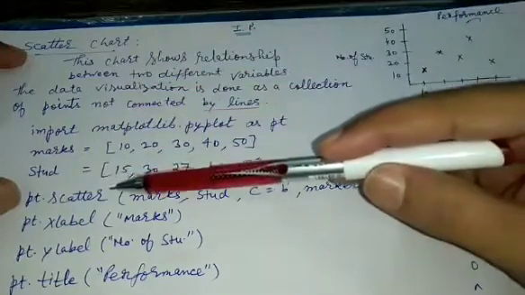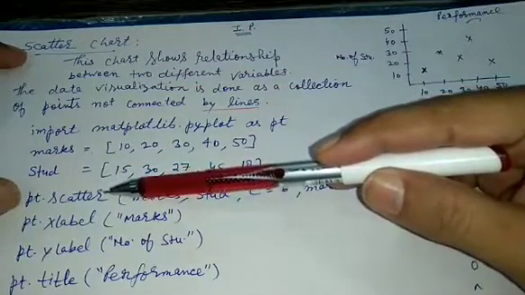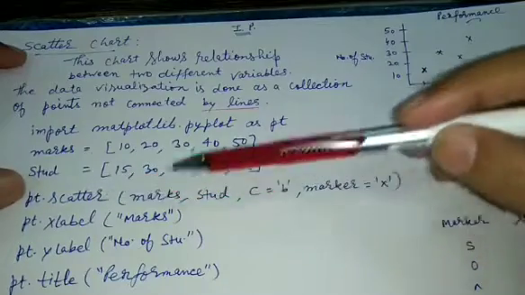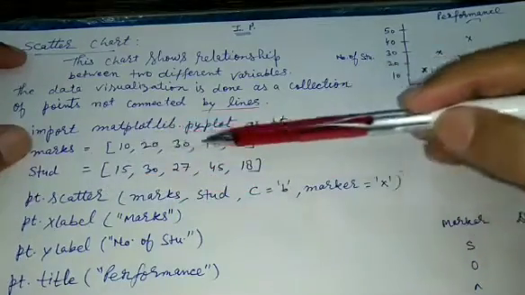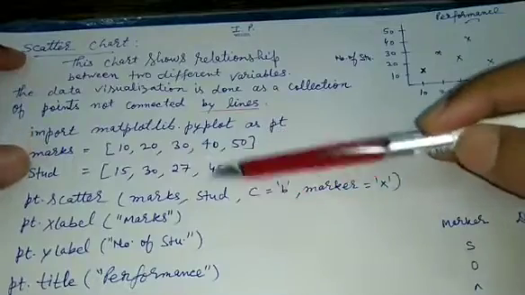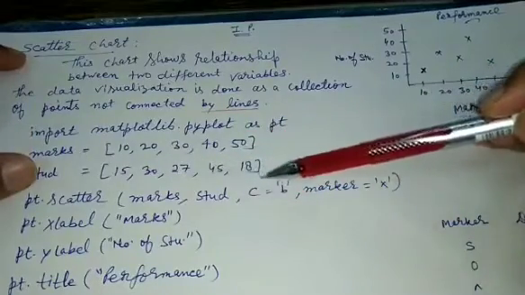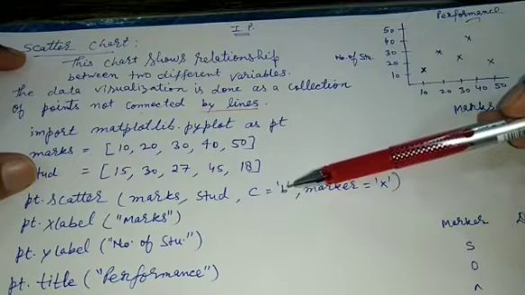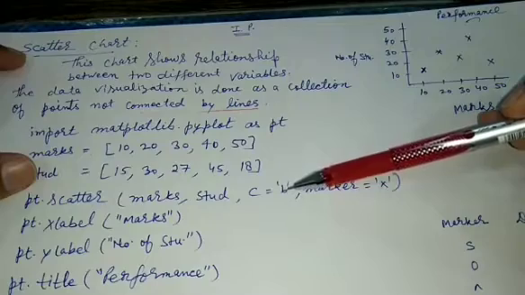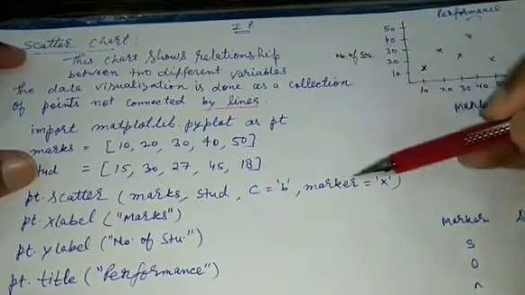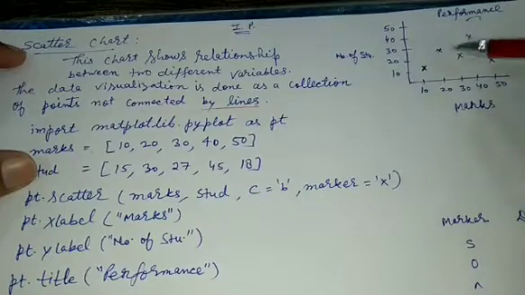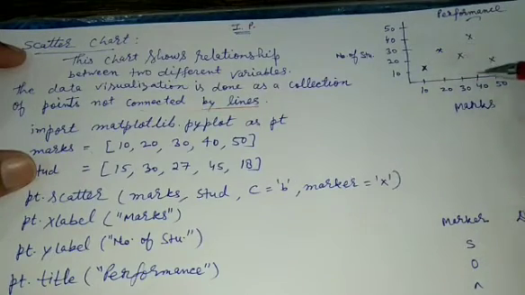To draw a scatter chart, we have the scatter function: pt.scatter, x-axis coordinates, y-axis coordinates, color is blue. We have already discussed you can write the full color name or you can use the color code as well. Marker is x, meaning cross, just like these crosses.